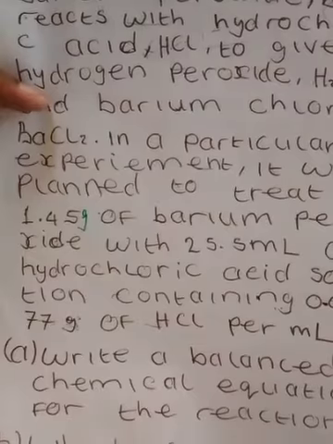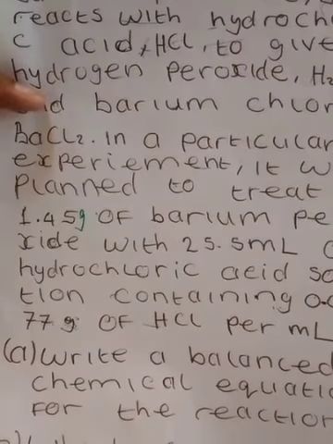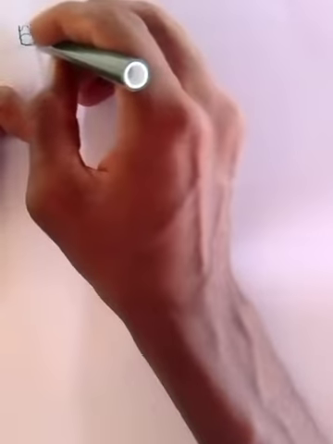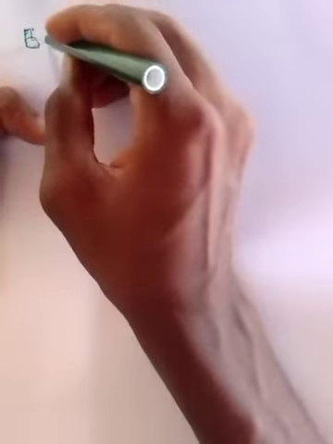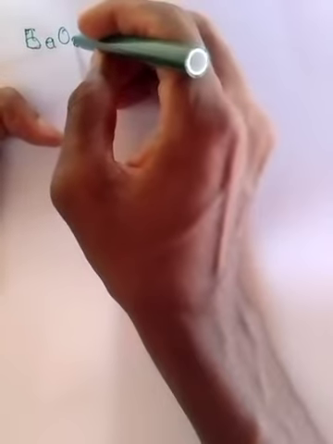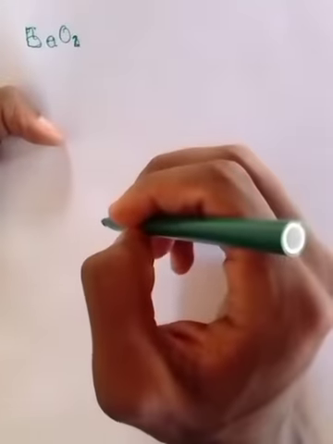Okay, so when you look at the equation, they're saying that barium peroxide, so as your first reactant you have barium peroxide. It is peroxide, right? So barium peroxide, it reacted with what? Hydrochloric acid.